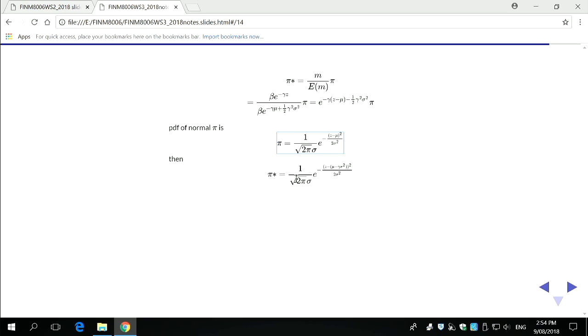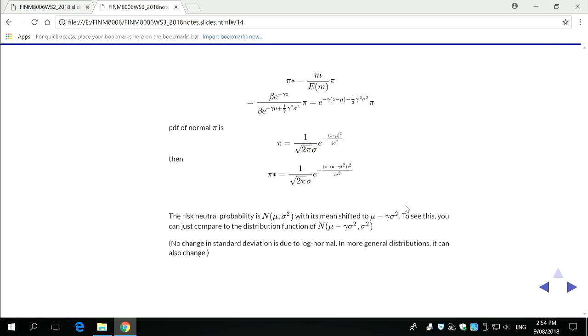So this is the CDF of the normal distribution when the mean is not mu, the mean is mu minus gamma sigma square. Okay, the variance is the same. So the risk neutral probability just has the normal distribution with the mean shifted to mu minus gamma sigma square.